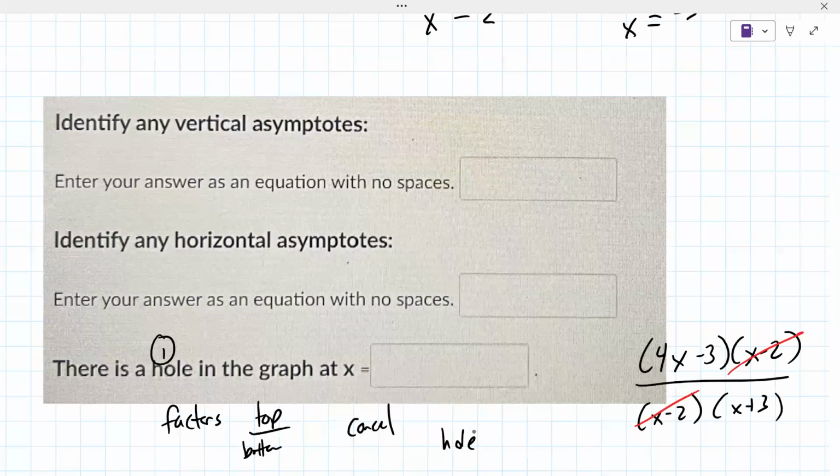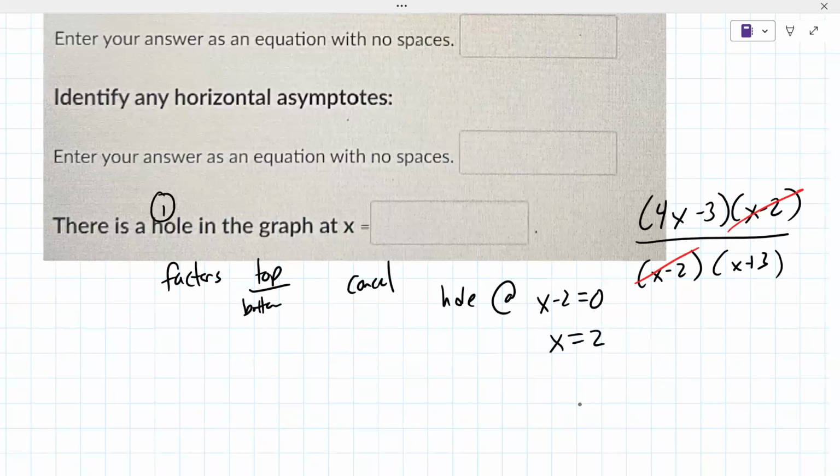So there's a hole at x - 2 equals 0, and you solve for x. So x equals 2 is the hole. Is that okay? Yes.